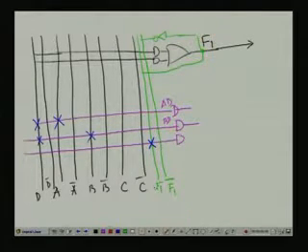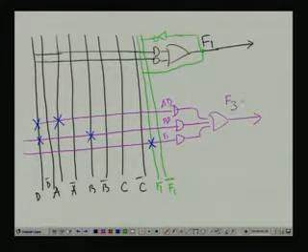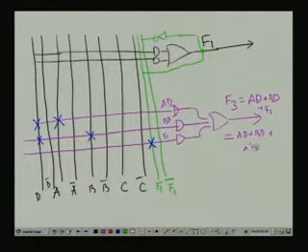So, now this becomes my F1. So, now if I give an OR gate here, the F3 will be AD plus BD plus F1, which is actually AD plus BD plus A dash B dash plus C dash.